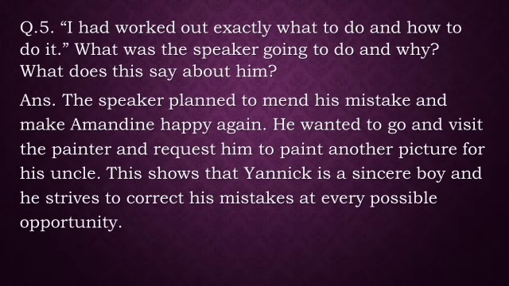He wanted to go and visit the painter and request him to paint another picture for his uncle. This shows that Yannick is a sincere boy and he strives to correct his mistakes at every possible opportunity.